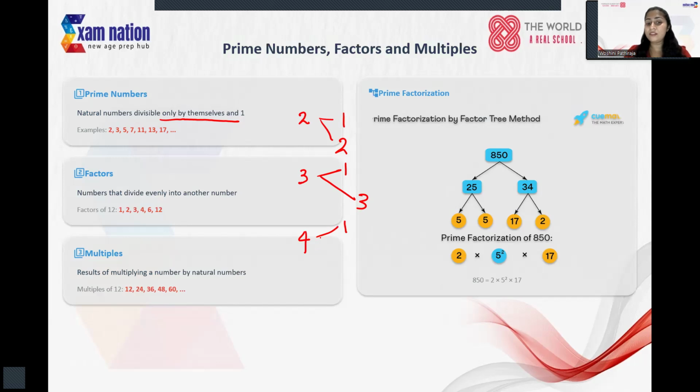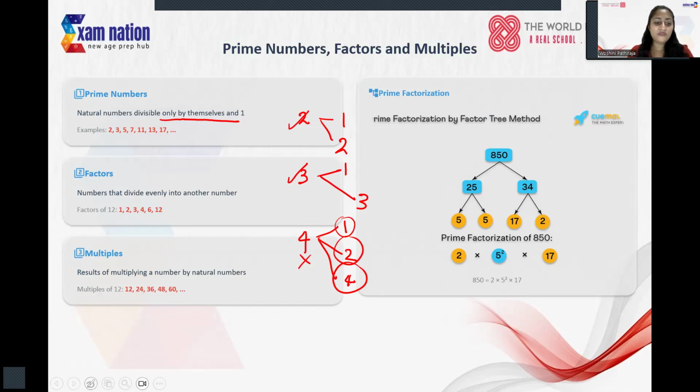We can divide by 1, 2, and 4. There are 3 numbers. So this 4 is not a prime number. 2 is a prime number, 3 is a prime number, 5 is a prime number, 7, 11, 13, 17. Those are prime numbers, right?